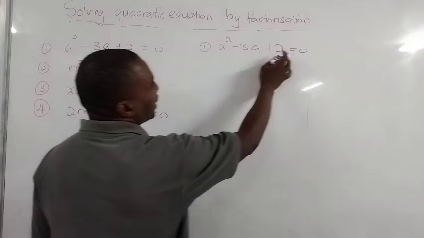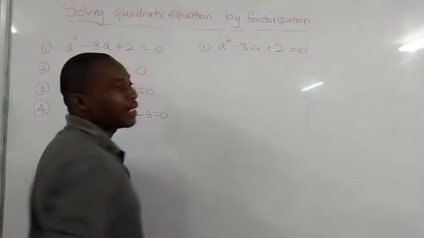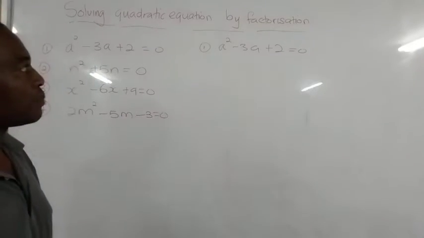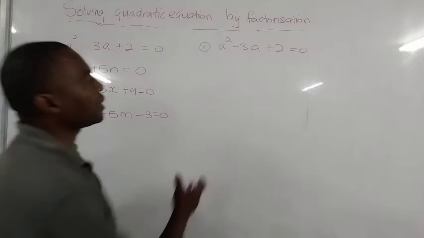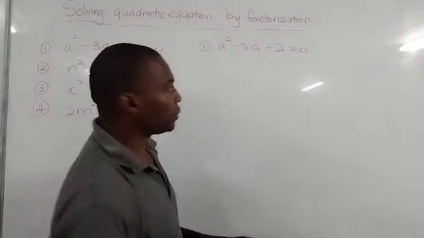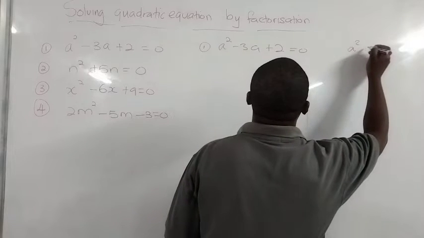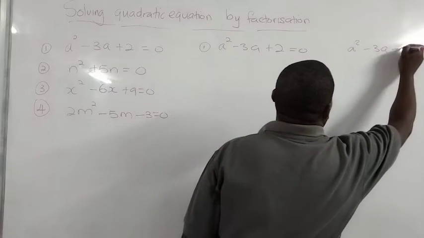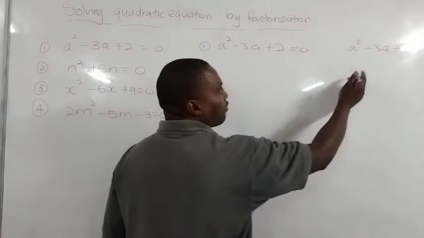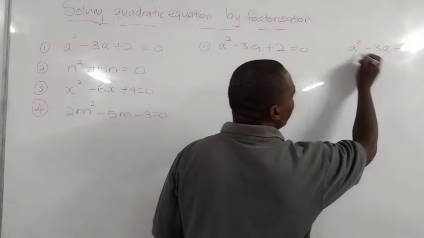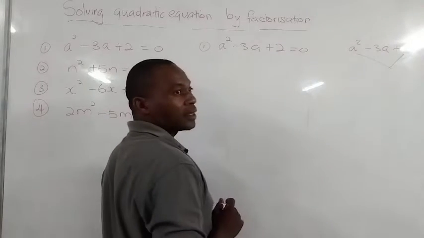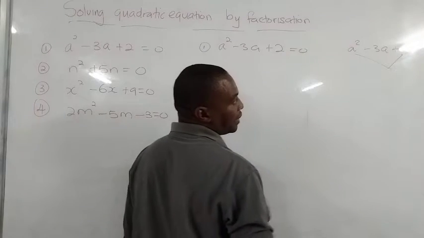What you have learned on how to factorize an algebraic expression, a quadratic expression, that's exactly what you do here. You can do it aside here, a squared minus 3a plus 2. You have been taught that you multiply the first and the third term.